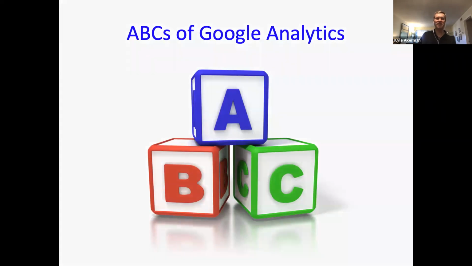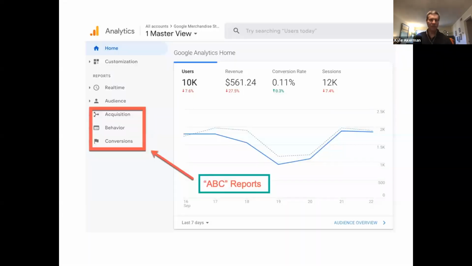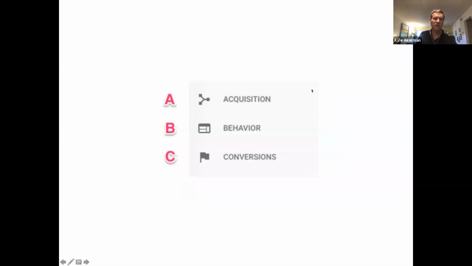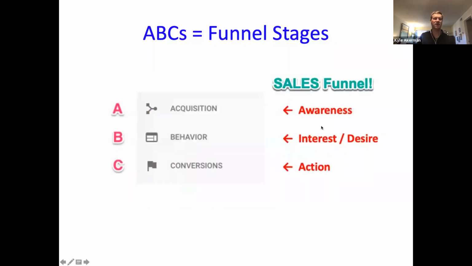When you go into your analytics, you'll see these reports on the left-hand side. They're actually groupings of reports. When I zoom in on that box, we see that it's acquisition, behavior, and conversions. Now, it may not be obvious how those groupings can help you, so hopefully this will give a little more insight. Those category reports line up with stages of your funnel.